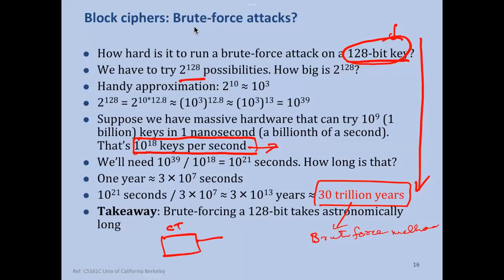Now she will start applying keys one by one and get plain text, because this encryption decryption algorithm is known. Kirchhoff's law says that the encryption and decryption algorithm is known.